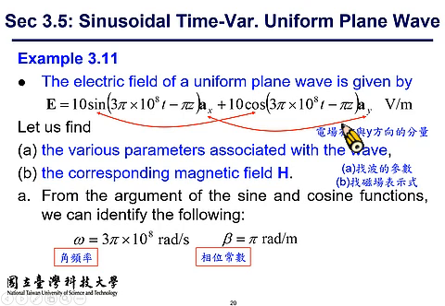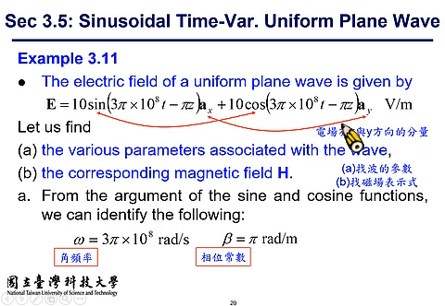So 3 pi times 10 to the 8 is its omega term, and beta can be identified as pi.